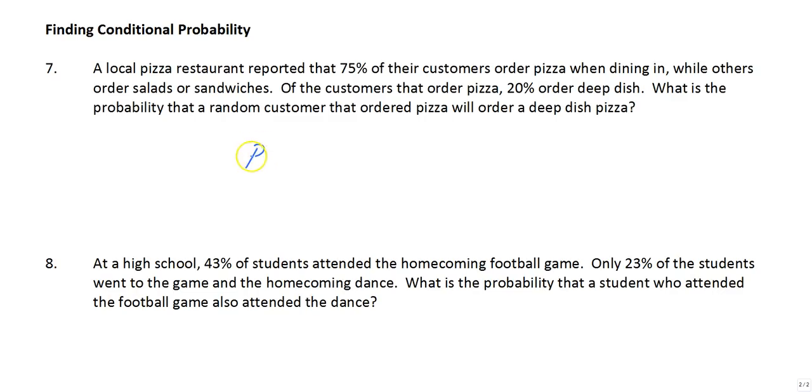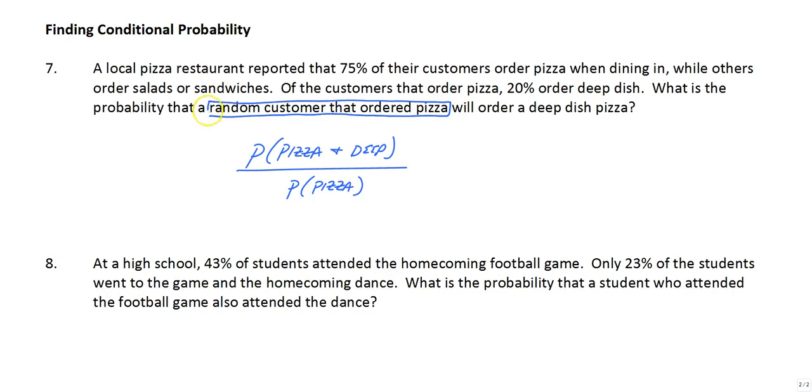So that is the probability of pizza and deep dish divided by just the probability of people that ordered pizza. Okay, and that's because it says a random customer that ordered pizza will order a deep dish pizza.